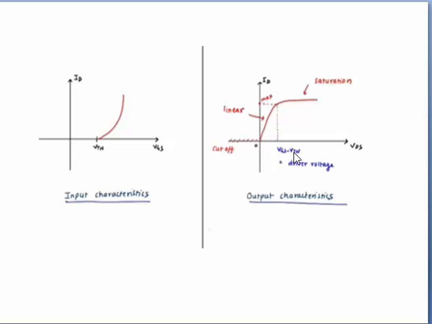Now one more point I want to discuss here: if VDS is equal to VGS minus VTH, what will happen? That means if VDS is equal to the driver voltage or VDS is greater than the driver voltage, then what will happen in this case? In this case, the MOSFET is in saturation region. Saturation means maximum current flows.